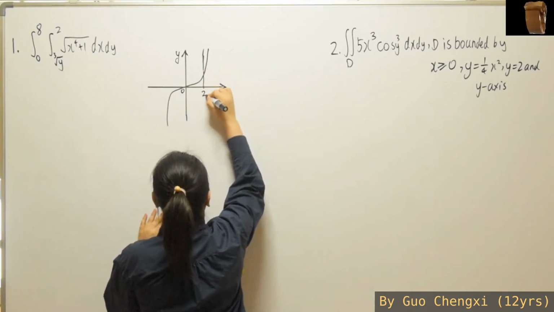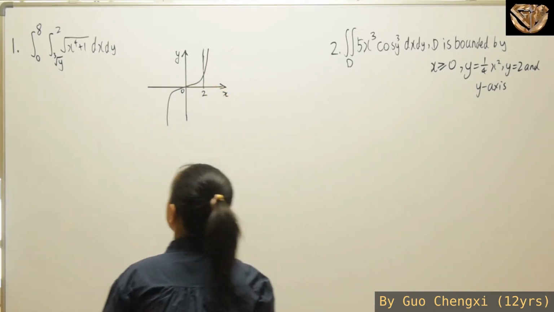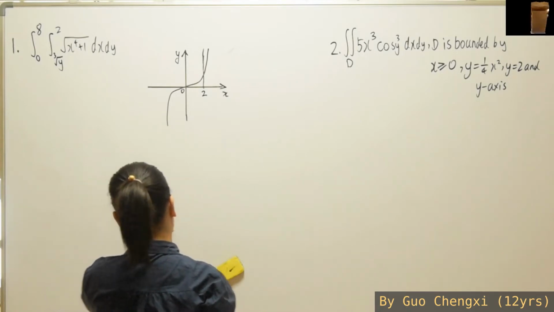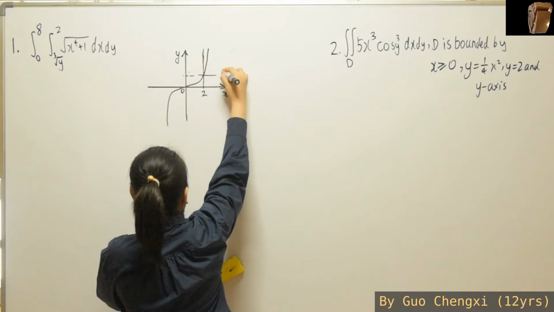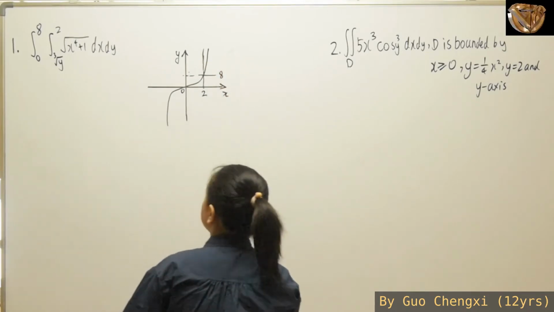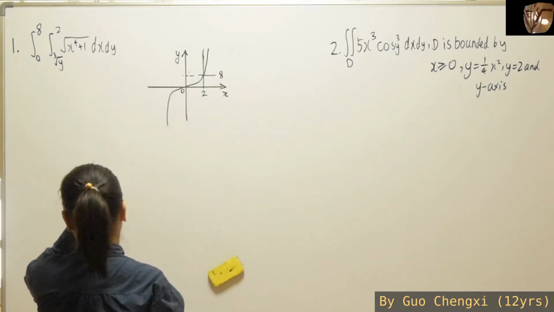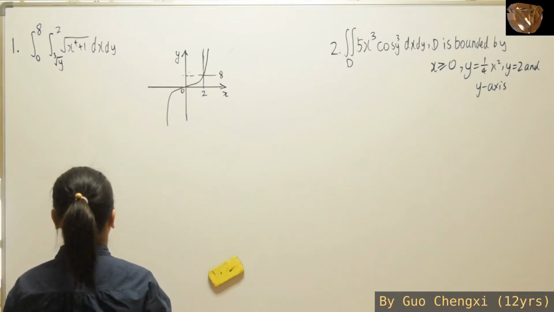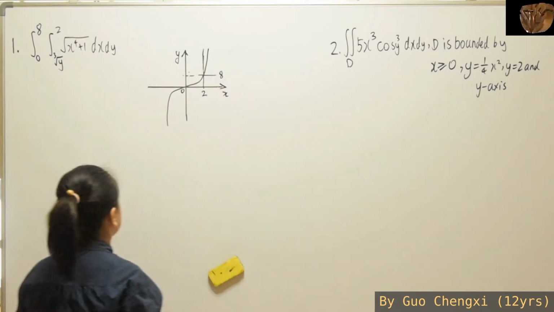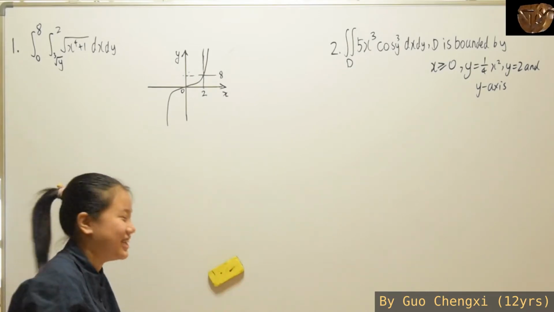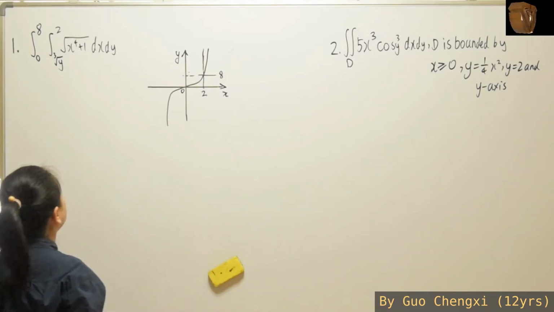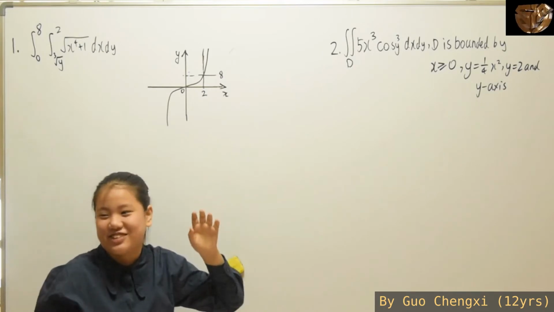And the 2 mark over here. Then for y, it is from 0 to 8, so it only makes sense for this part. This is going to be 8 because x being 2 is the cubic root of 8 is 2. Okay. So over here, don't mind the sign. So this is 8 and this is 2, okay?